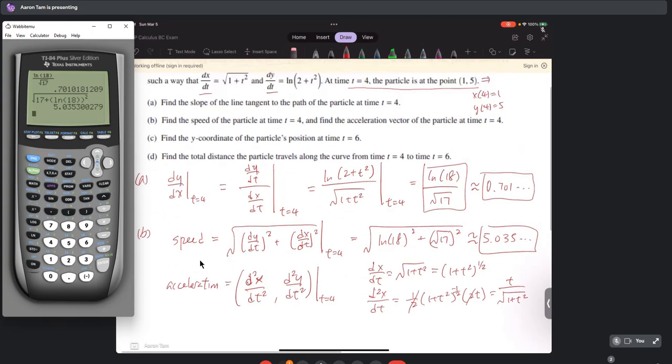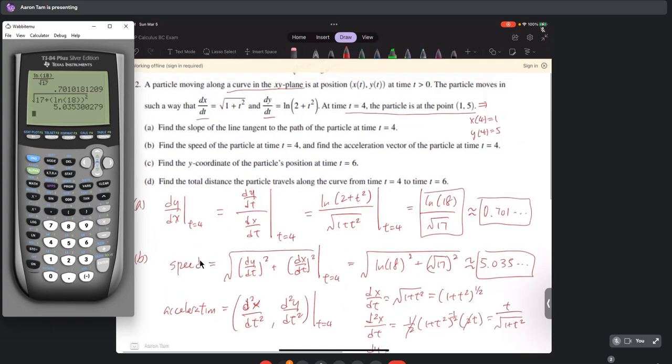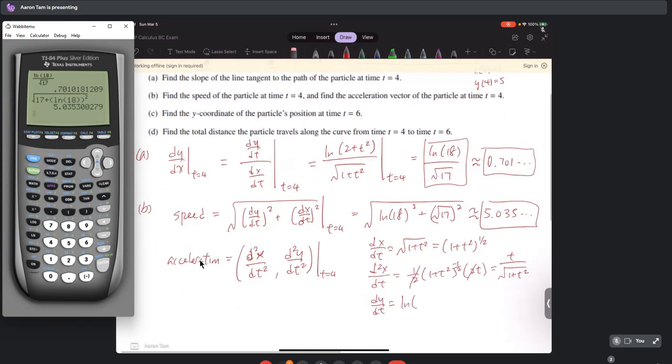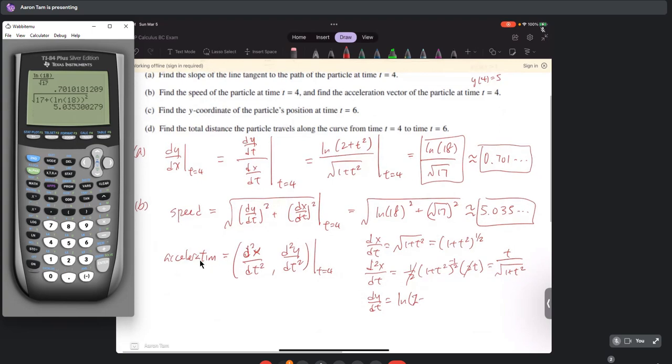The second one is easier. dy over dt equals natural log of 2 plus t squared. So the derivative of that, d squared y over dt squared, would be 1 over 2 plus t squared multiplied by 2t. So it's just 2t over 2 plus t squared.